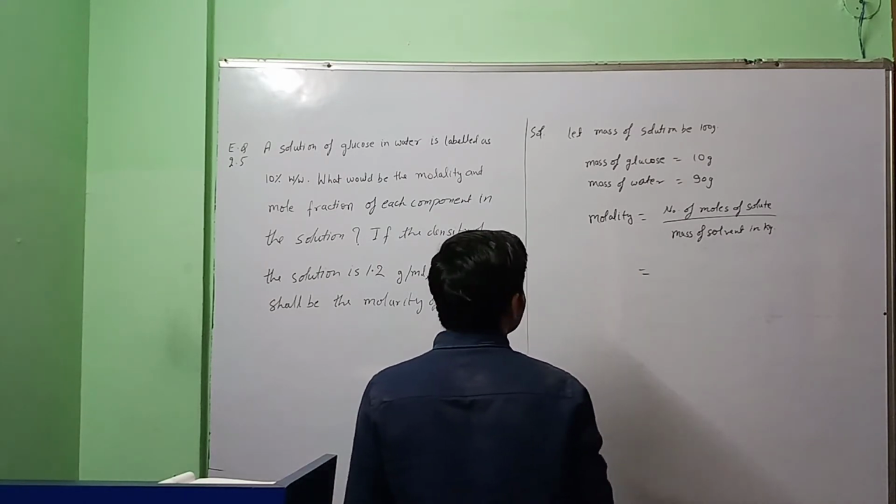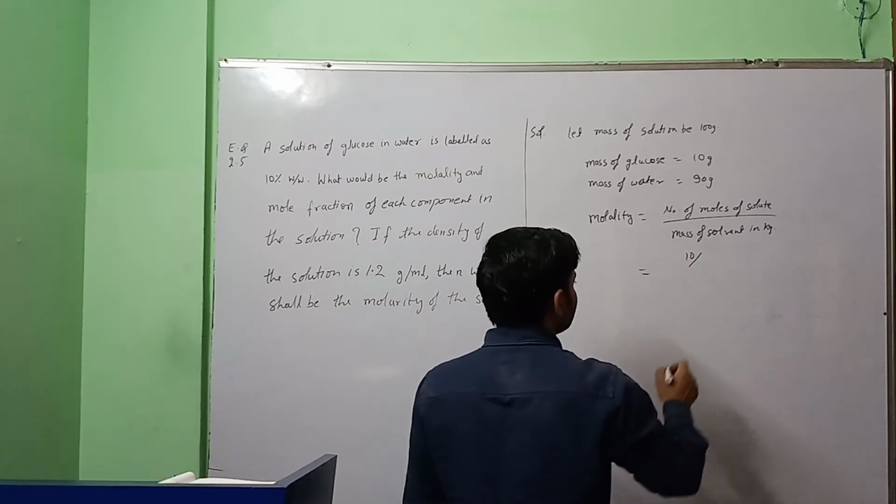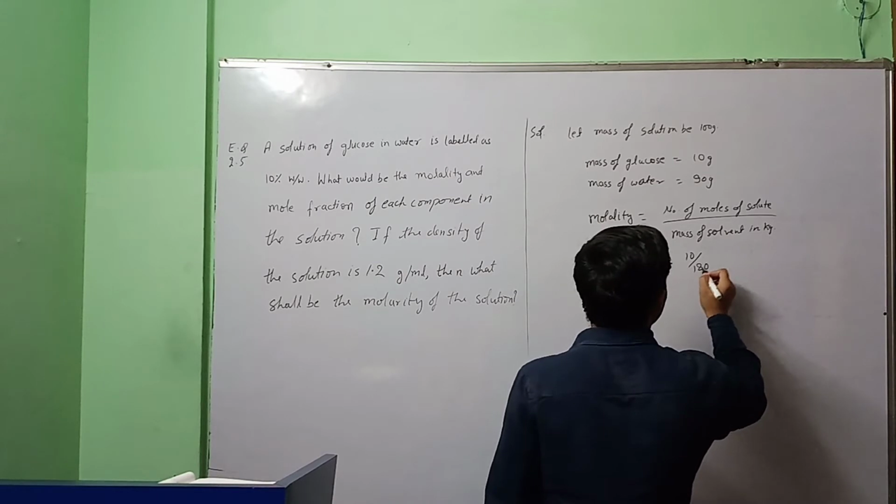Number of moles of solute: 10 divided by molar mass of glucose, which is 180.